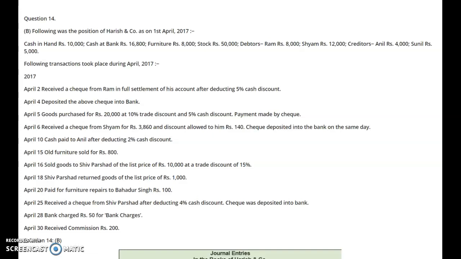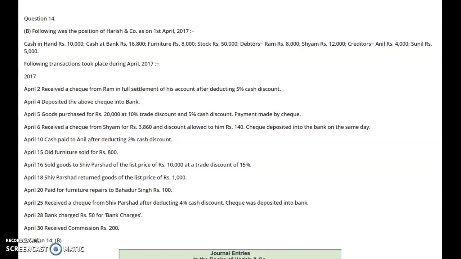In case the liability and capital side is short, we open another separate account, capital reserve, and the difference is shown over there. This way, we will record the opening entry to bring forward the previous year closing balances of personal and real accounts.